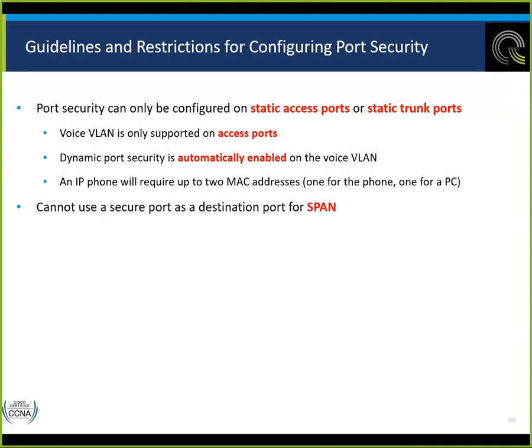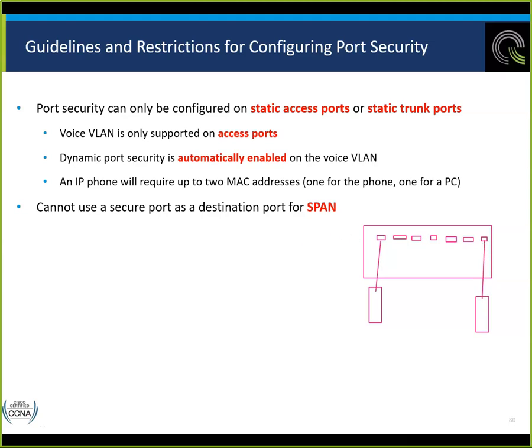You cannot use a secure port as a destination for a SPAN. A SPAN is a Switch Port Analyzer, a fancy name for port mirroring, a fancy name for let me sniff a port that I can't see. So here we have multiple ports, and a couple of machines connected, each to a port.